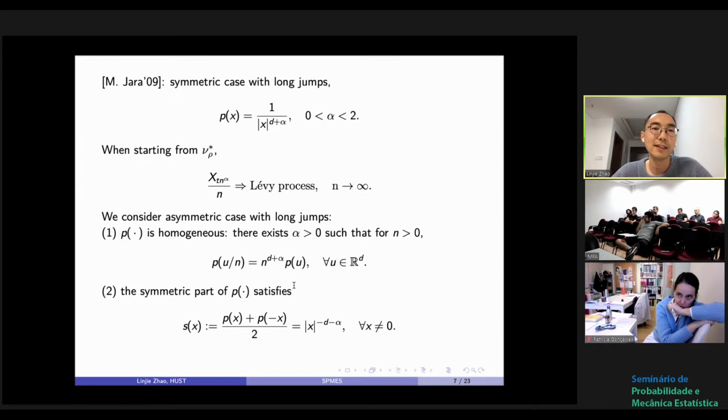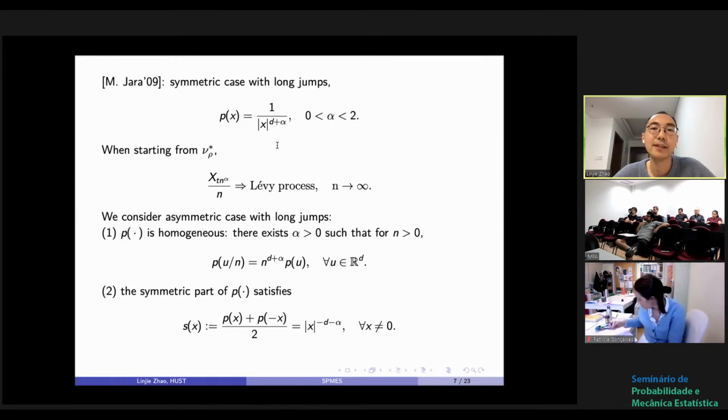Milton in 2009 considered the symmetric exclusion process with long jumps. He assumed the jump rate p to have this form, that is 1/x^(d+alpha) for some alpha between 0 and 2. In the theory of hydrodynamic limits, we know this choice of jump rate p is closely related to the fractional operator.